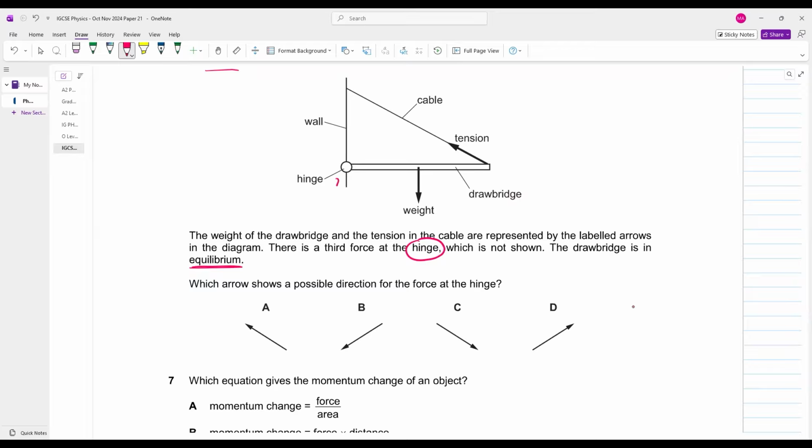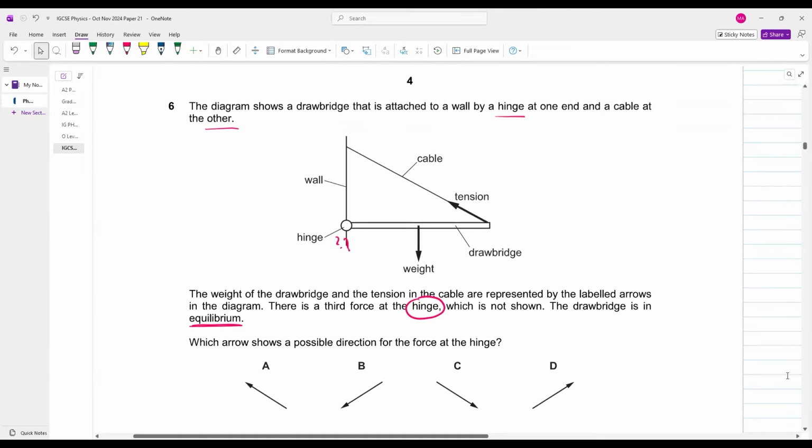अच्छा जी हमने बताना है कि what is the force at the hinge. The drawbridge is in equilibrium. Now listen carefully. Let's say this is a beam that is in equilibrium. Let's say we have three forces acting on the beam like this.